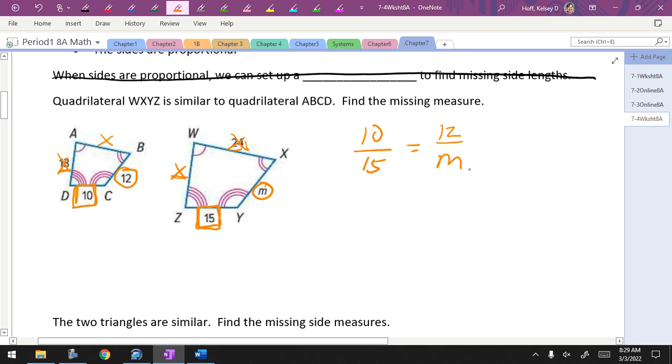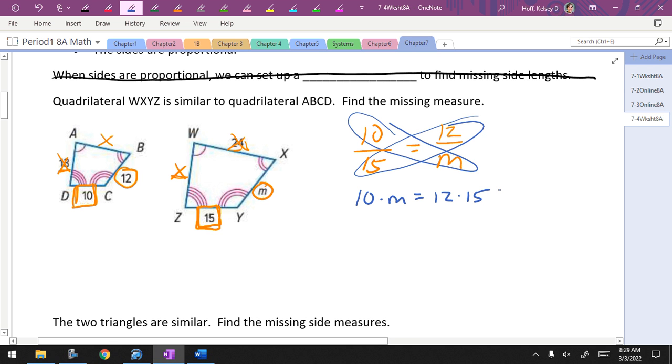Now, 1 fraction equals 1 fraction. Butterfly. We cross multiply. We're going to take 10 times M equals 12 times 15. 10 times M is 10M. 12 times 15 is 180.